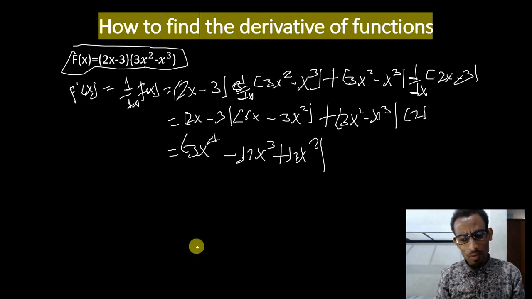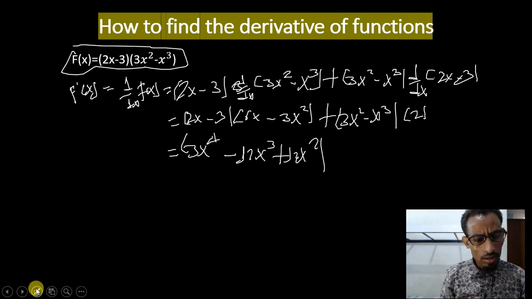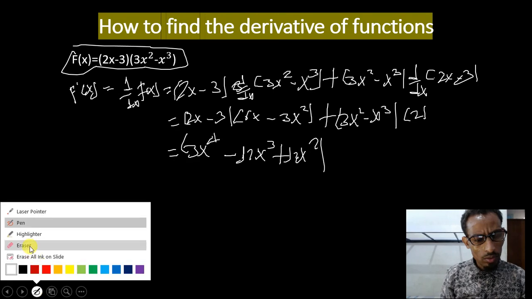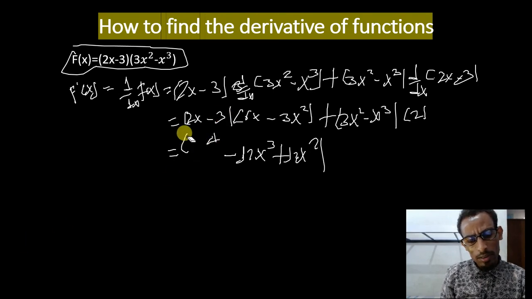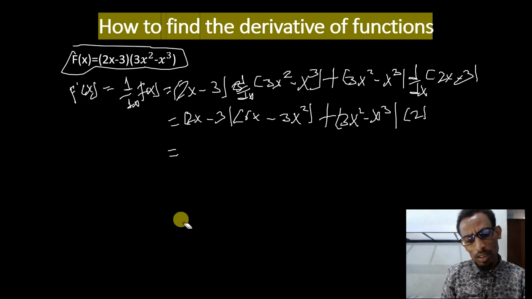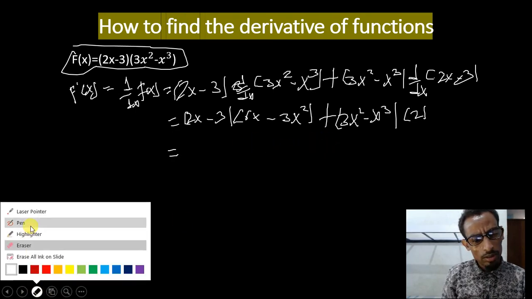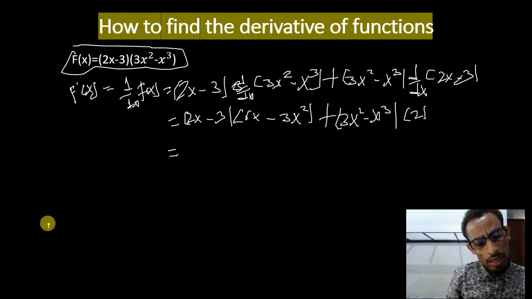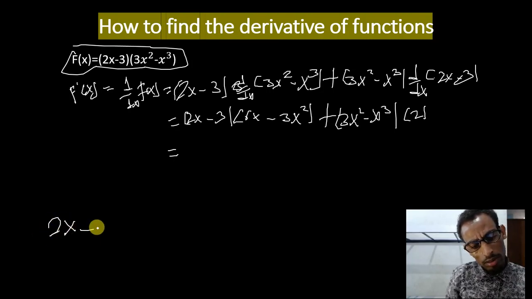Sorry, I made a mistake from here when I multiplied 2x minus 3 times 6x. Sorry for my mistake. We multiply again (2x minus 3) times (6x minus 3x squared).